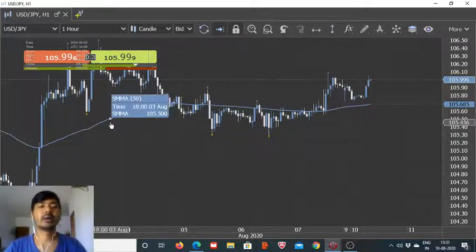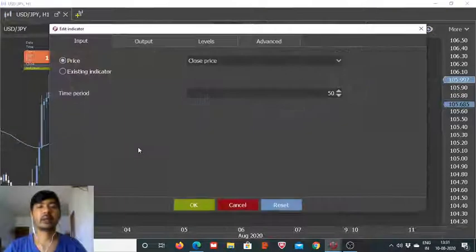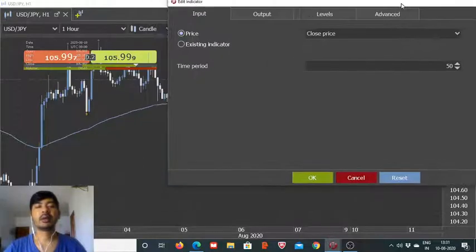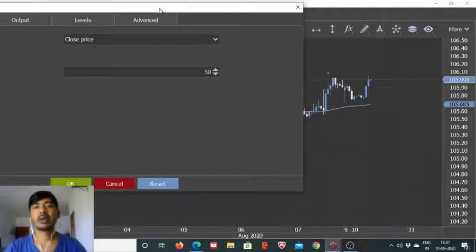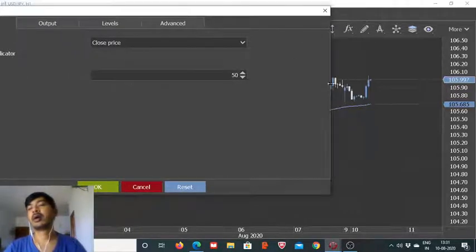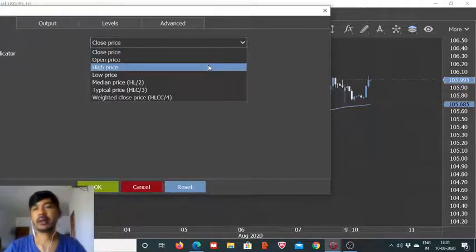And here, for example, I will illustrate to you. We do the edit, and SMMA 50 is being calculated on the close price. If we use high price, then you will see the output shifting to the high side.